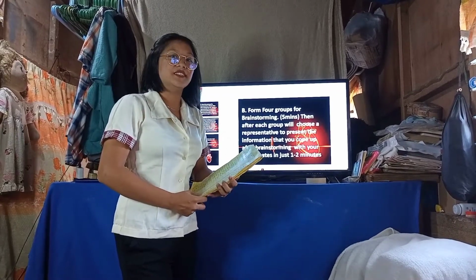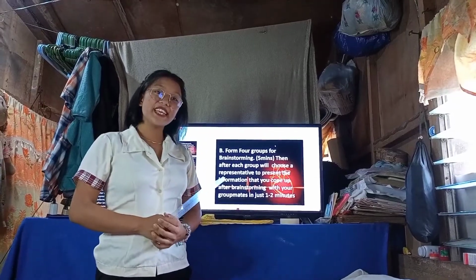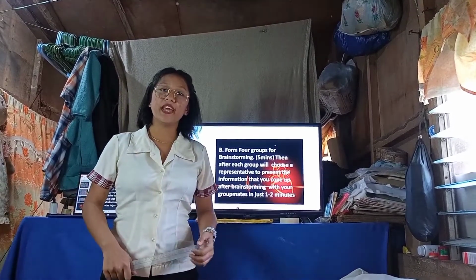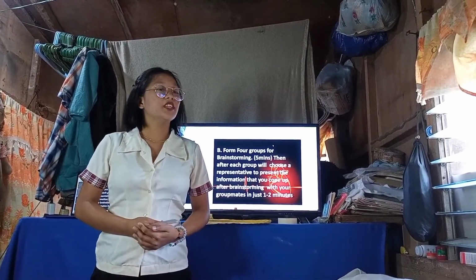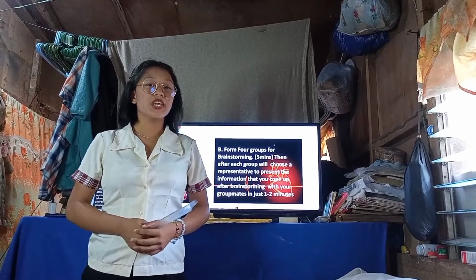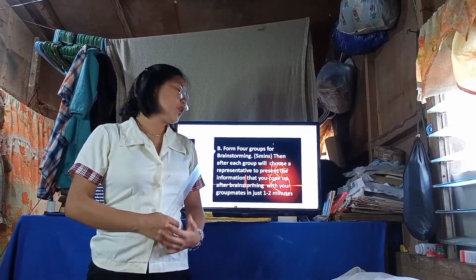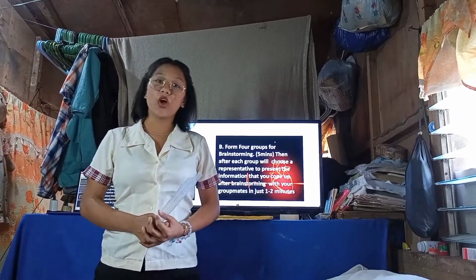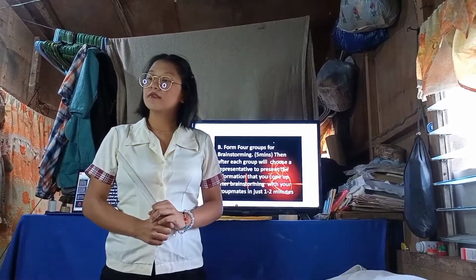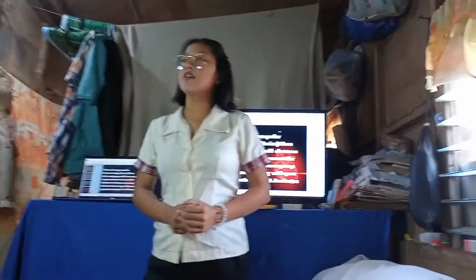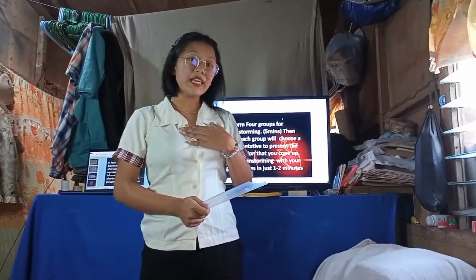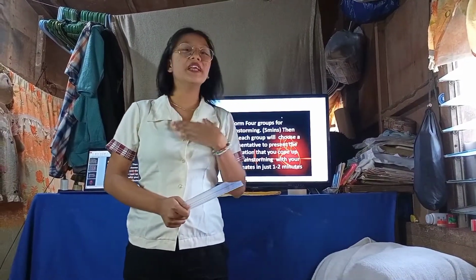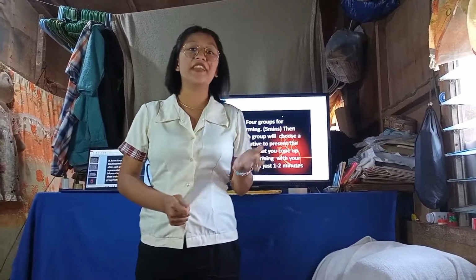Okay, very good. Okay, class, enough for the brainstorming, and you can present what you cooked up with your group mates. So, whose group is going to volunteer first? Okay, no one. So, I will be the one choosing which group is going to present first.